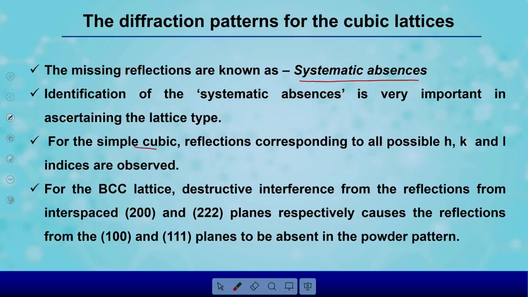Now, what about a body centered system, a BCC lattice? In a BCC lattice, we can see that destructive interference from the reflections from the 200 and 222 planes respectively causes the reflections from the 100 and 111 planes to be absent in the powder pattern.